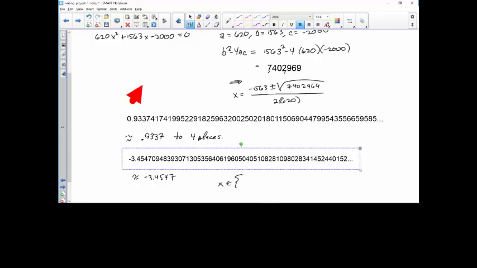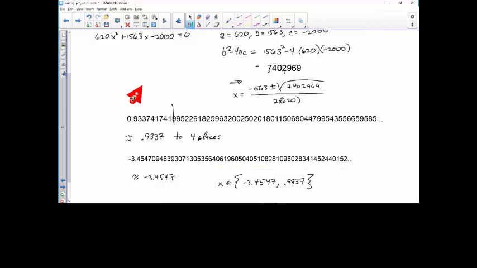And then to write the solution as a solution set, I like to go from left to right. Negative 3 is to the left of 0.9. Negative 3.4547 to 4 places. And I'll double check the assignment itself. But yeah, your calculator will probably be able to give you like 8 digits or so, and that's fine. But I think I'm looking for 4 digits in the final answer. Okay, all right. On to the next problem.